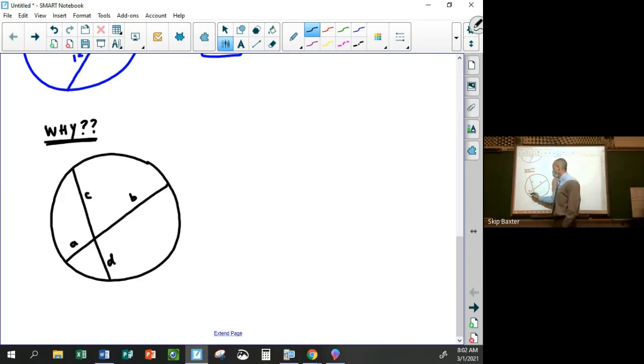So let's label these points U, V, W, X, and Y, so I can talk about the points. In addition, I'm going to draw some extra line segments. Like I'm going to draw this chord UV, and I'm going to draw this chord XW.